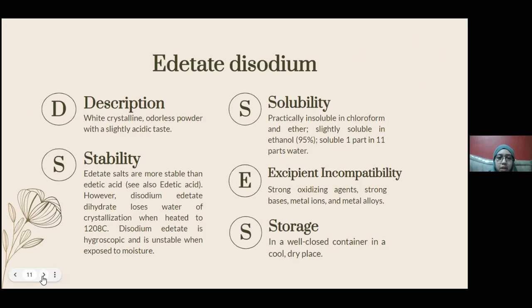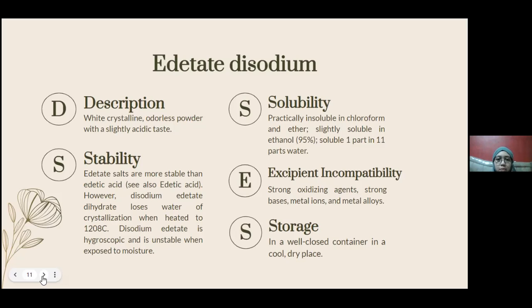The next excipient is edetate disodium. It is white crystalline, odorless powder with a slightly acidic taste. Edetate salts are more stable than edetic acid. However, disodium edetate dihydrate loses water of crystallization when heated to 120 degrees Celsius. Disodium edetate is hygroscopic and is unstable when exposed to moisture.